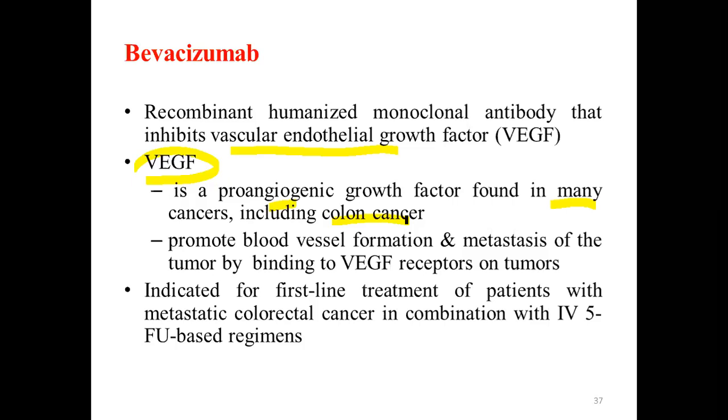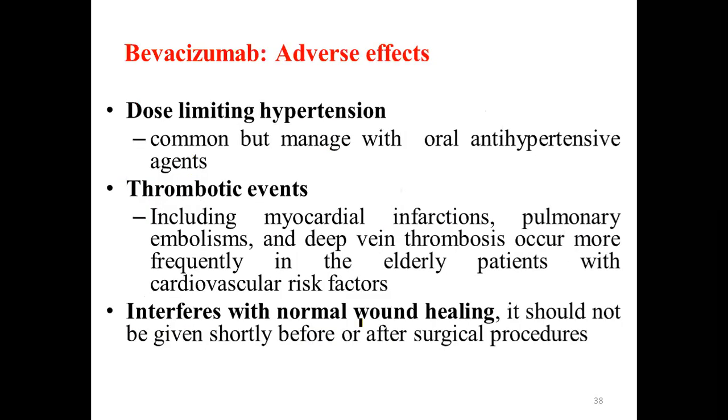So if you inhibit this one, you inhibit blood vessel formation and metastasis of the cancer. In such a way, it can be used in the management of colorectal cancer. Mostly it is given in advanced stage colorectal cancer.